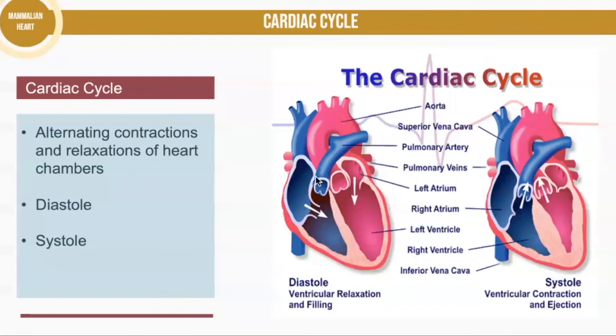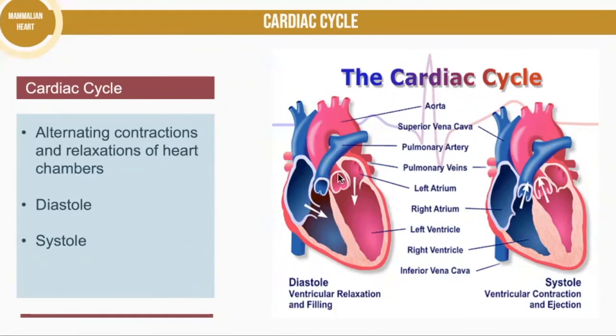If the pressure in the atrial chambers is higher than the ventricular pressure, then your AV valves are open, facilitating the flow of blood from the atrium to the ventricle. Now, when the case is reversed, when the pressure is higher in the ventricles relative to the atrial chambers, then your AV valves are closed.